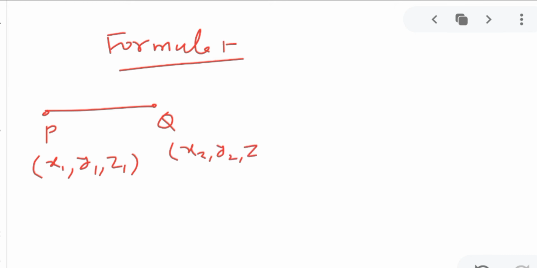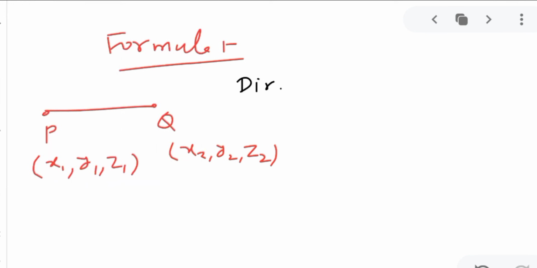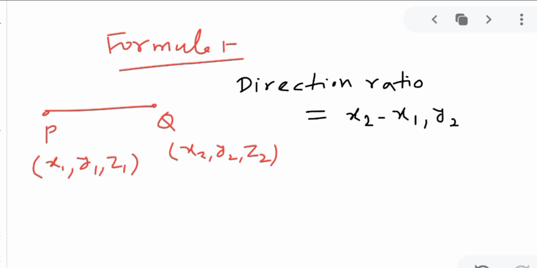Then the direction ratio of the line segment joining P and Q will be x2 minus x1, comma y2 minus y1, and z2 minus z1. This is the formula, simple.